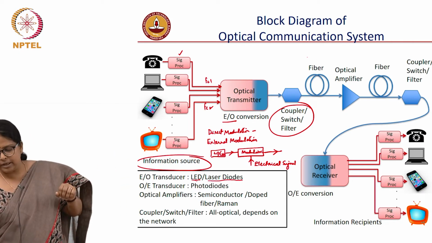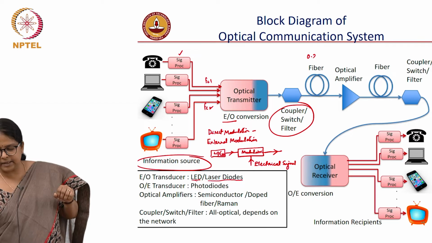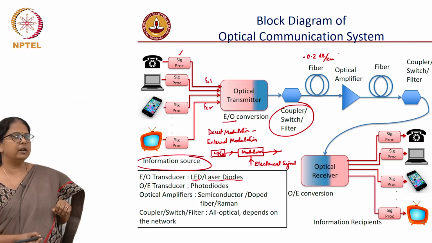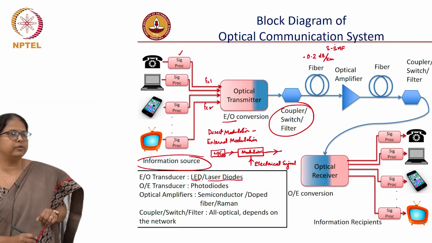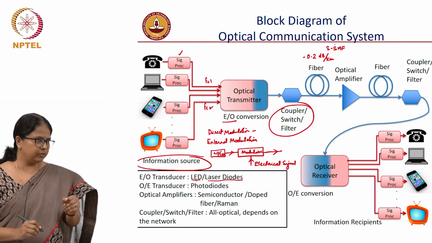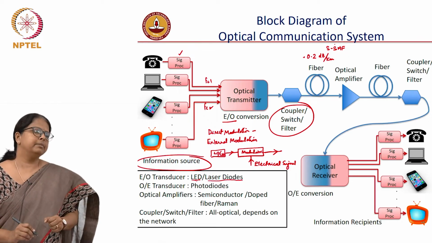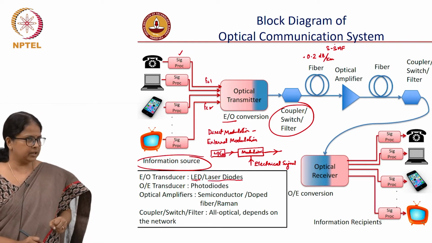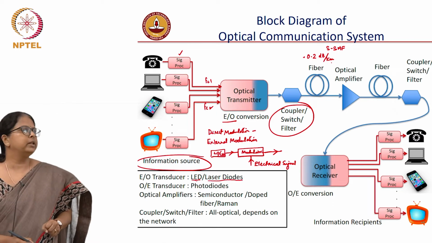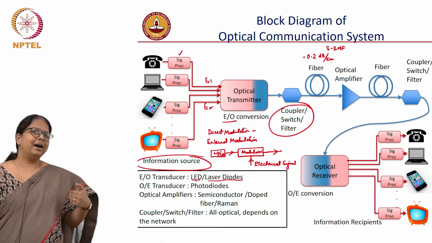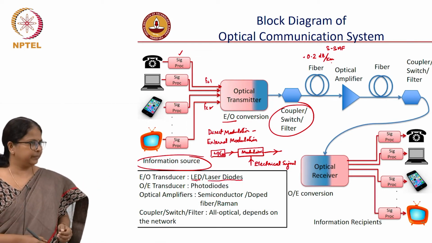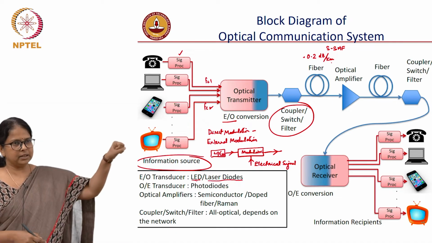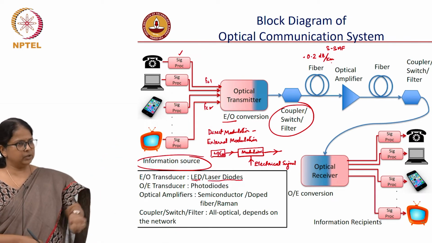The attenuation in an optical fiber, as I said, the best attenuation is roughly 0.2 dB per kilometer for a commercial standard single mode fiber. We will talk about what is a standard single mode fiber when we talk about the channel, but this is the most commonly used fiber in a communication link, and that comes with an attenuation of 0.2 dB per kilometer, which means that after a distance of, let us say, 100 kilometer, there is a loss of 20 dB, which means the power reduces by 100 times.